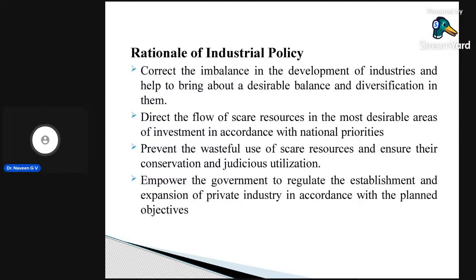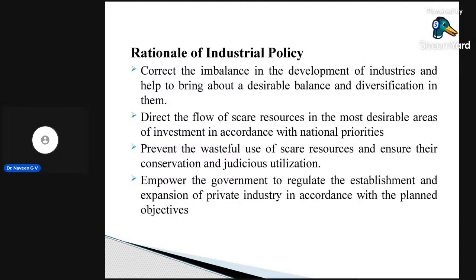Then prevent the wasteful use of scarce resources and ensure their conservation and judicious utilization. Whatever resources are available in our country should be utilized by the industries without wasting other resources.